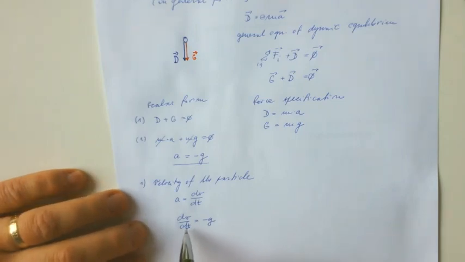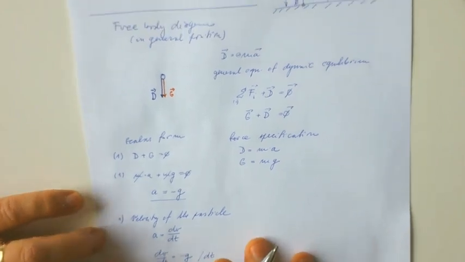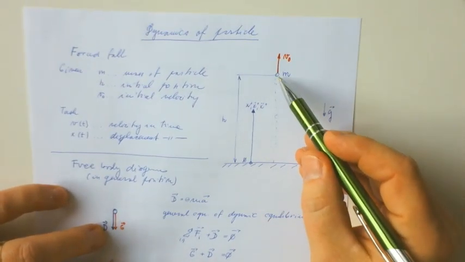We can make a separation of variables by multiplying by dt, and we get dv is equal to minus g dt. And after that we can integrate the equation. We can put g out of the integration because it is constant, and we must add limits for these integration signs. So when time was 0, velocity was v0.